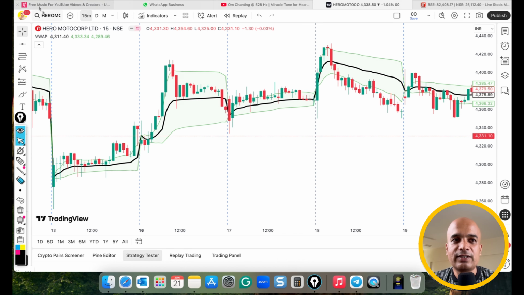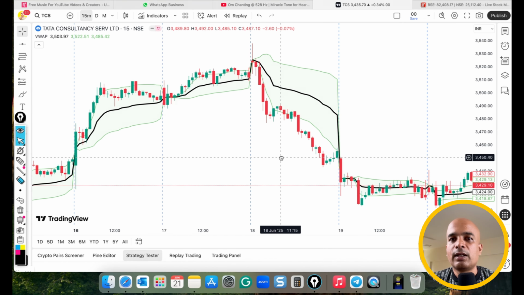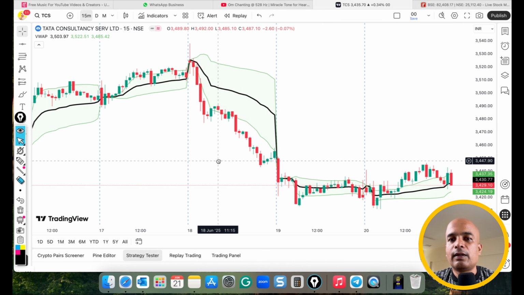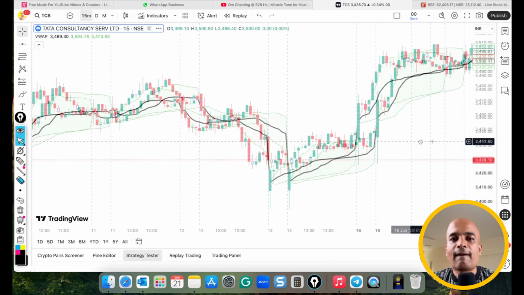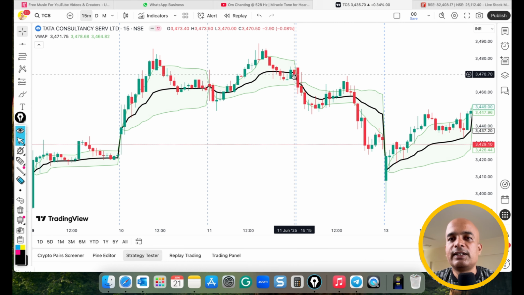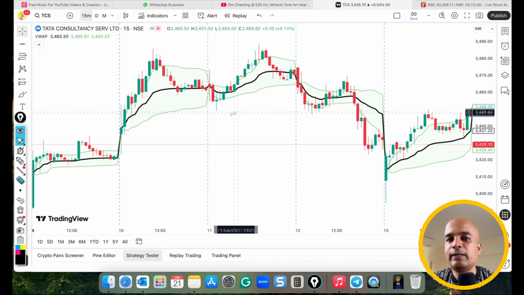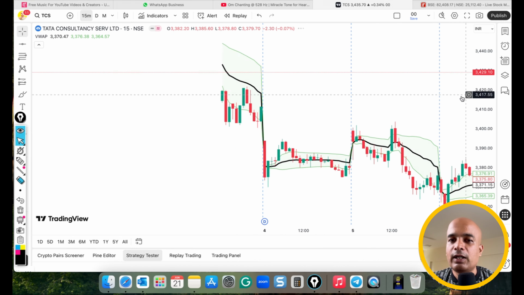But if you check generally, see here, it closed below VWAP line. On the previous day, the next day candle, it didn't break the previous day low, but it is a bearish candle. If you have taken a short trade below this, your stop loss should be above this. Otherwise, it's fine.